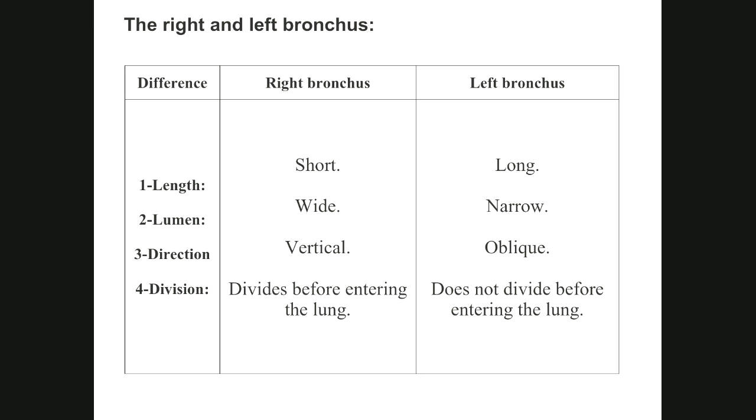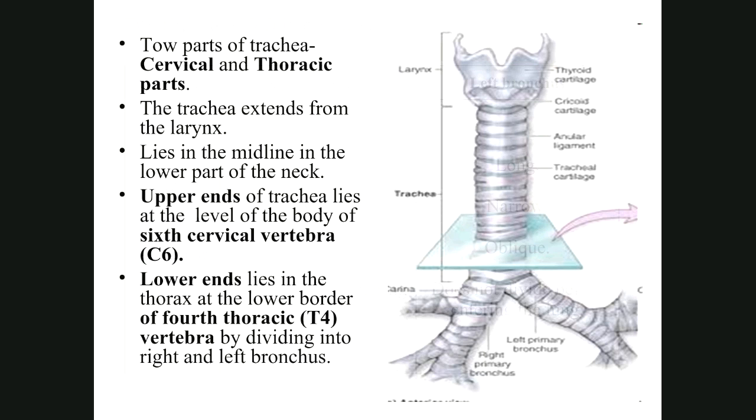See here in the previous diagram, I will tell what it is. I will draw here, here is the lung. On the right side, the bronchus divides outside only, before entering into the lung.